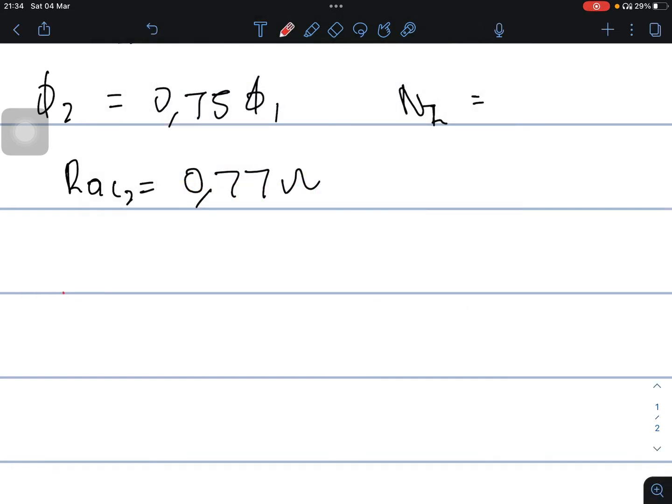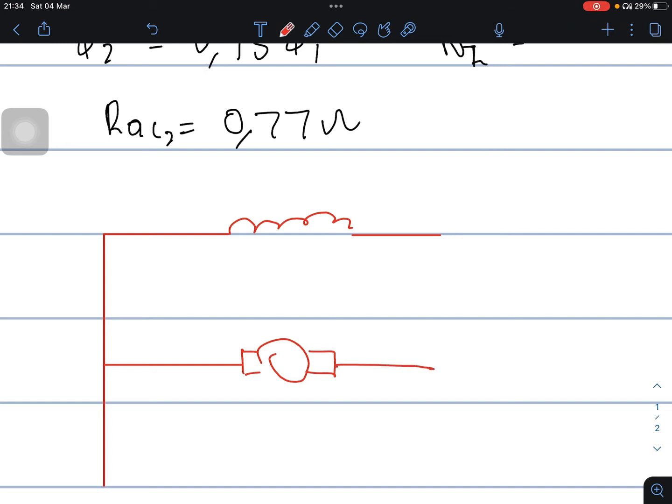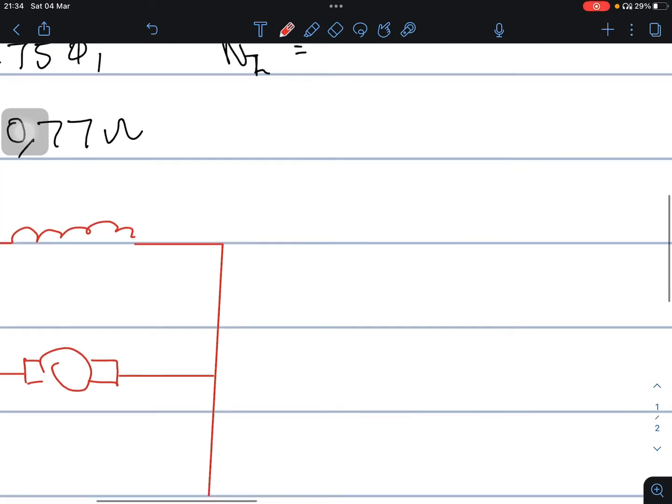Let me draw the two circuits. I'm going to use red for the first condition. This is the same circuit.